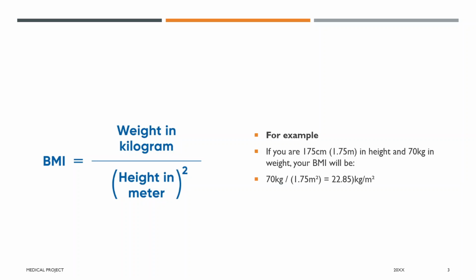So for example, if you are 175 cm in height, which is 1.75 meters, and you weigh 70 kilograms, that means your BMI is going to be 70 kilograms over 1.75 meters squared, and that will give you 22.85.